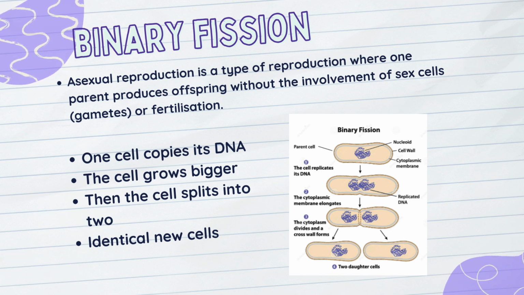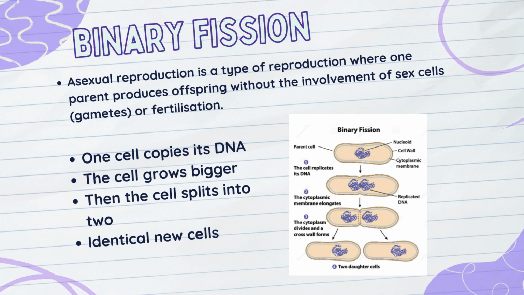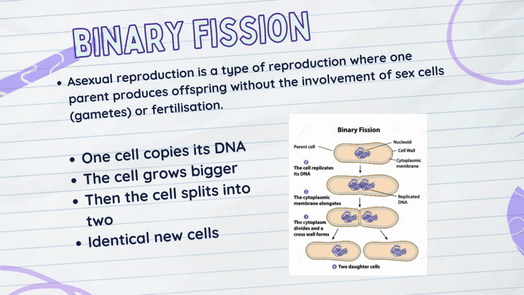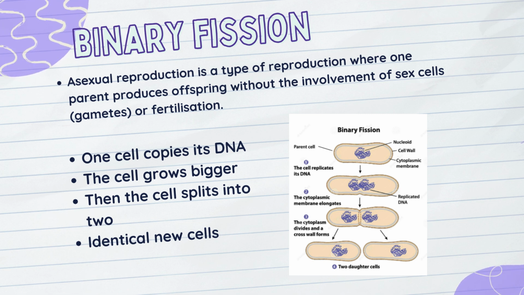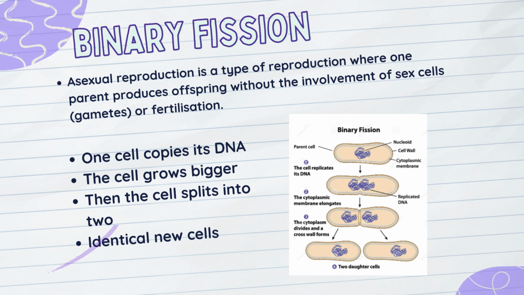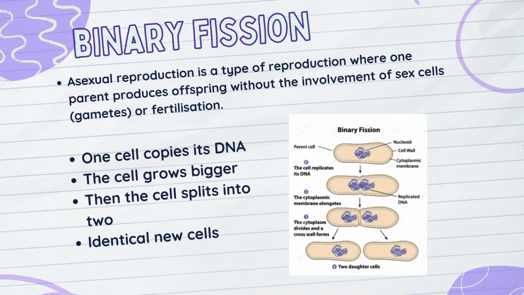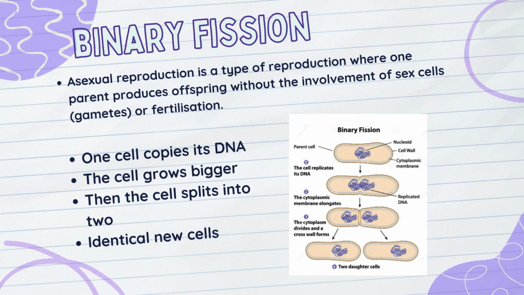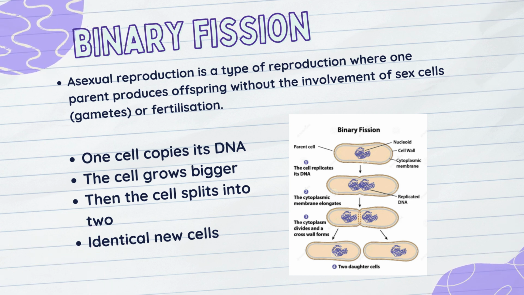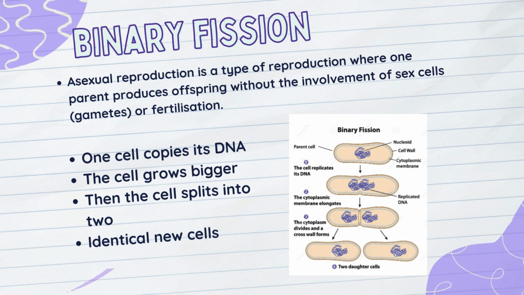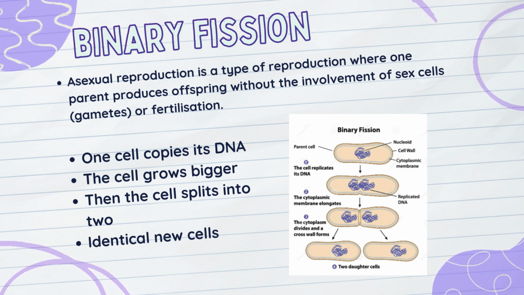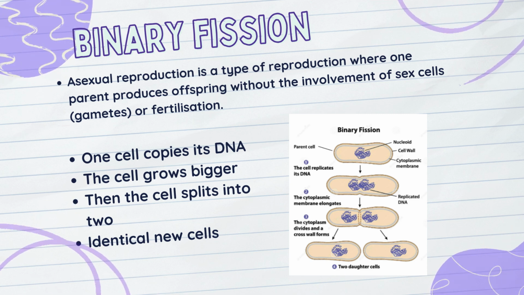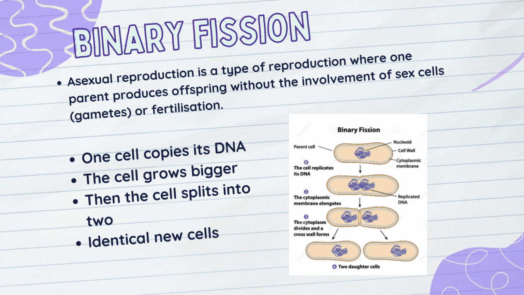The one bacteria cell copies its DNA. Then the cell will grow bigger, and then it will split. It's as if the cell itself is going through mitosis. The bacteria cell will split into two identical new cells. It will just multiply like that, and it multiplies rapidly in very favorable conditions.